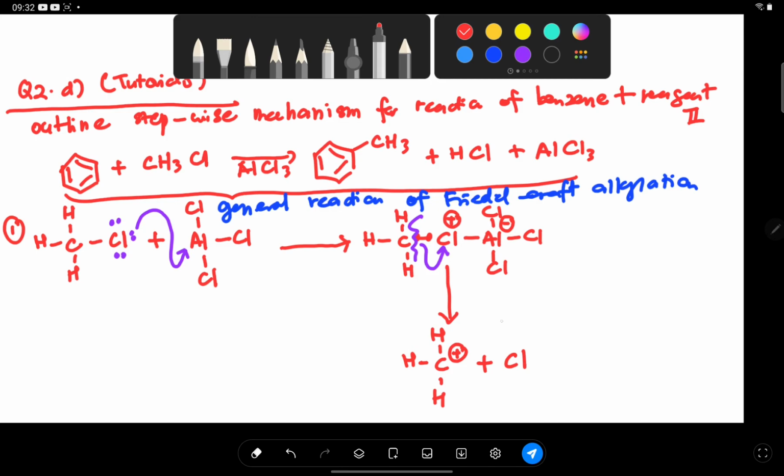So Cl will be neutral. However, for aluminium, it's still in negative charge.